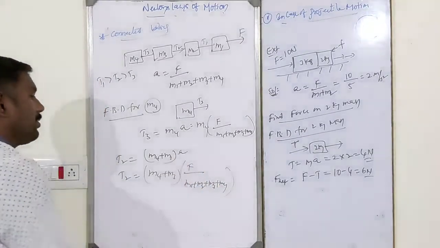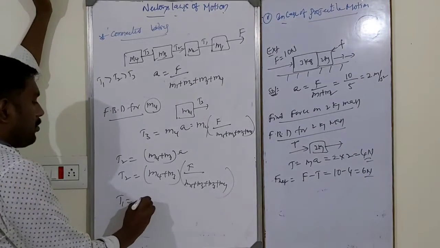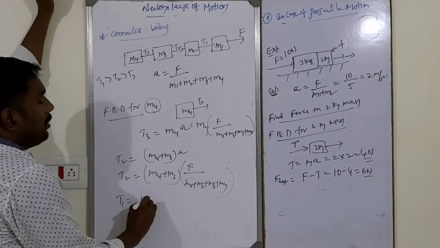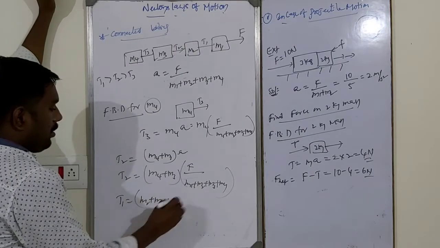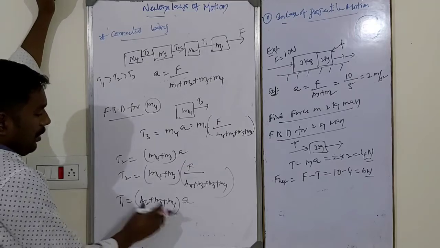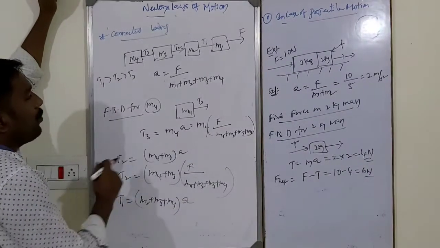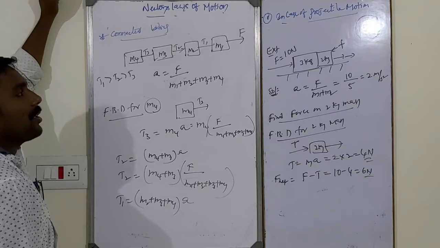Similarly, T1 is also the same. T1 is equal to M2 plus M3 plus M4 into A. So this is the way to find the different tensions between the connected bodies.